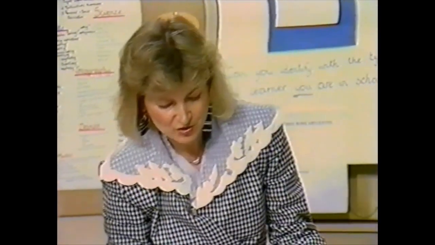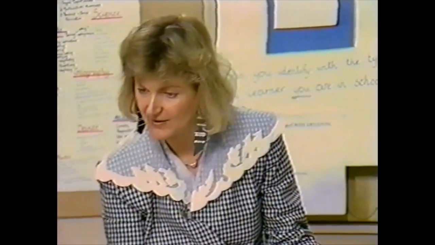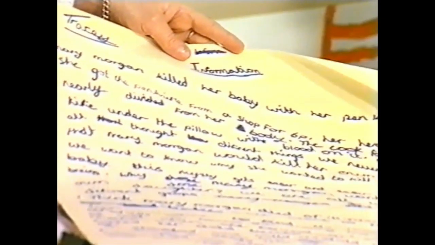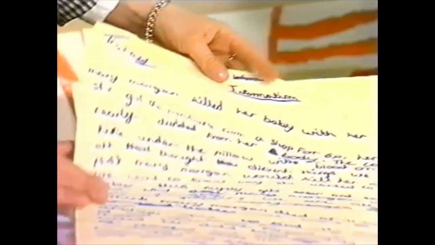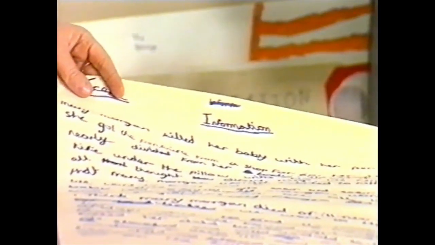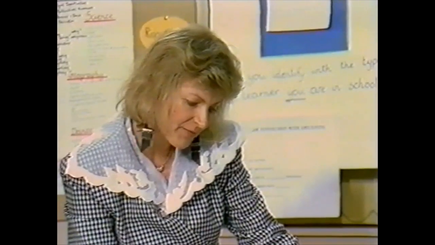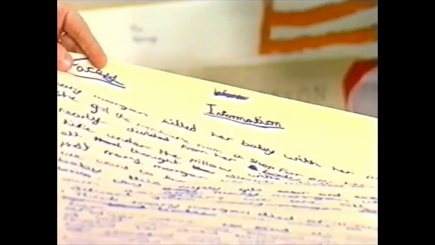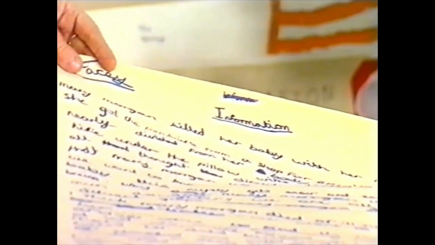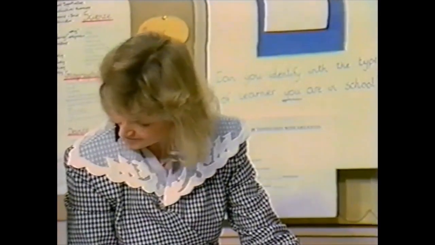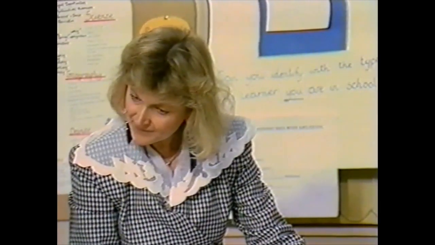It took two or three days for them to just sift through the information at their leisure, with an awful lot of group cooperation, to finally come out with something like this and get the sort of poignant facts that were in the archives, like Mary Morgan killed her baby with a penknife. She got the penknife from a shop and nearly divided the head from the body. Which, of course, are pretty horrendous statements, but they found it in the archive.